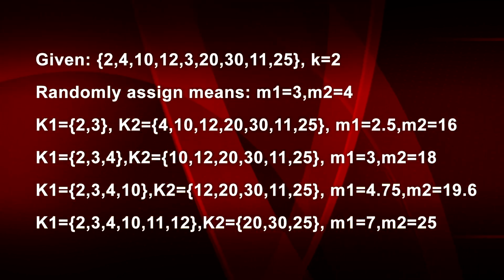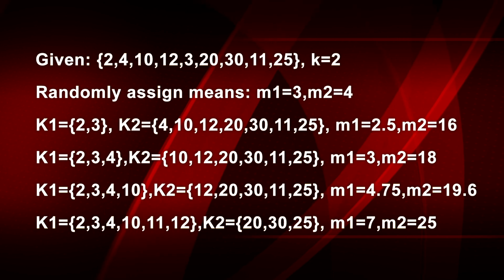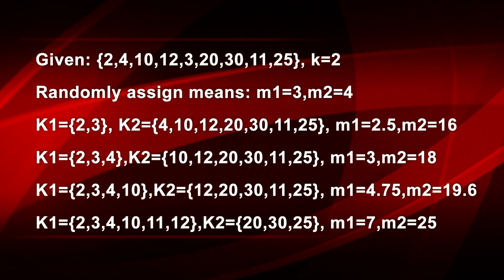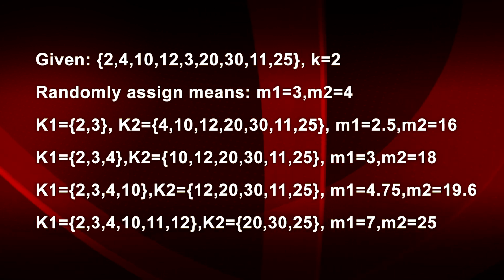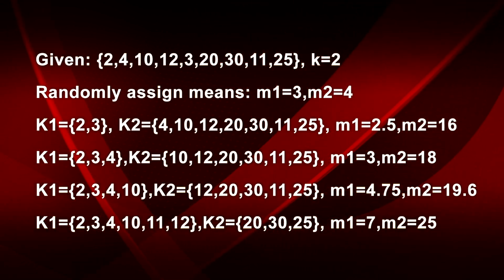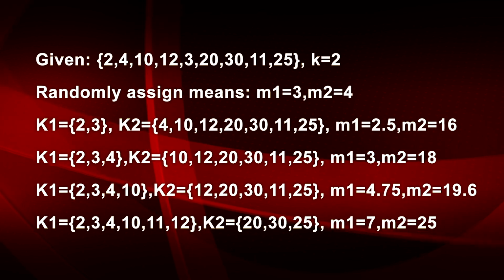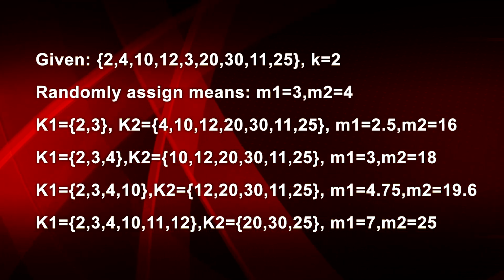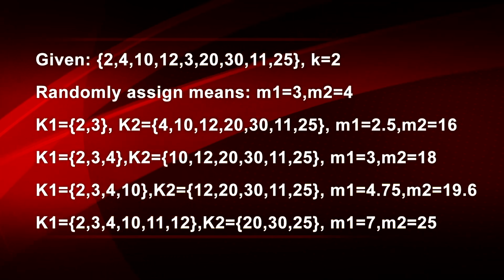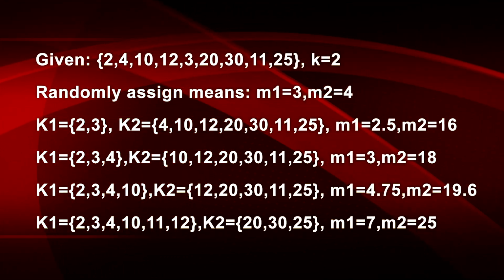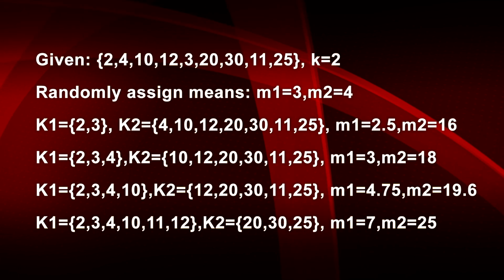You have to stop as soon as the clusters with these means are the same. So that means in iteration step n minus 1 and step n, the clusters K1 and K2 do not change. That means the elements in the two clusters will not change. We have seen all through that the elements in the clusters are changing. So we went on doing this algorithm repeatedly.